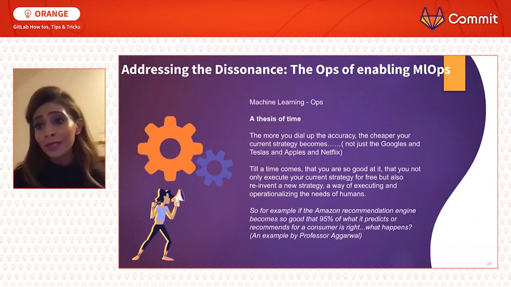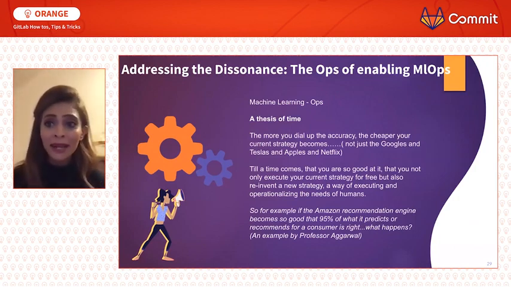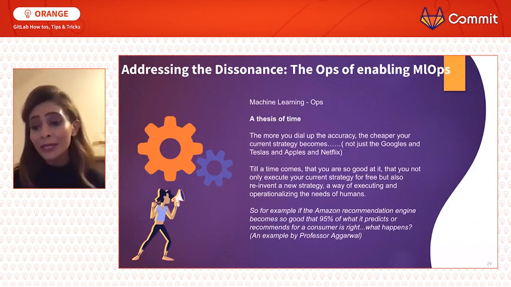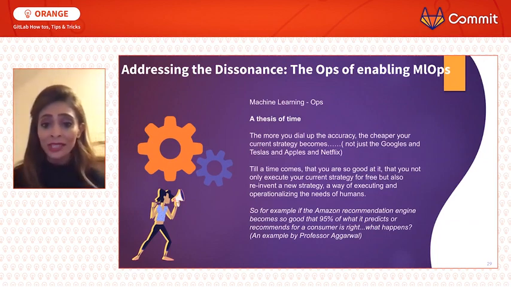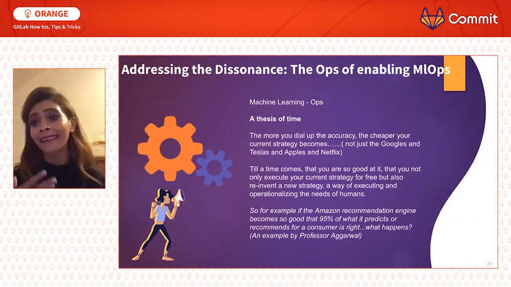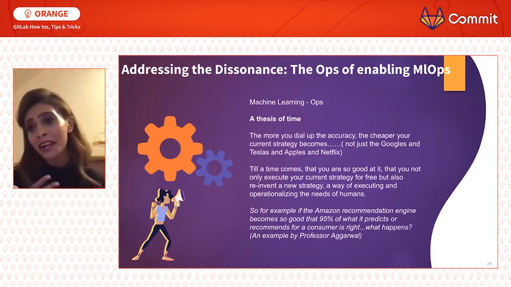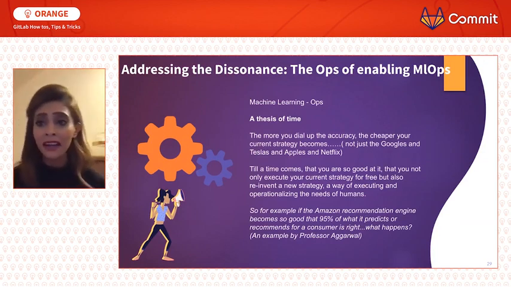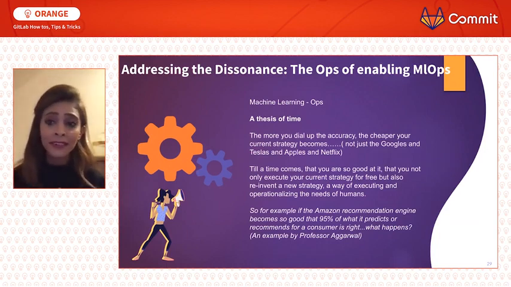To make it more clear, and I always speak about it, is the Amazon recommendation engine. Right now, I would say that every time I buy a shoe, it recommends me the right one 20-30% of the time. Now they collect the data, the operations get better, and the accuracy gets to 95%.